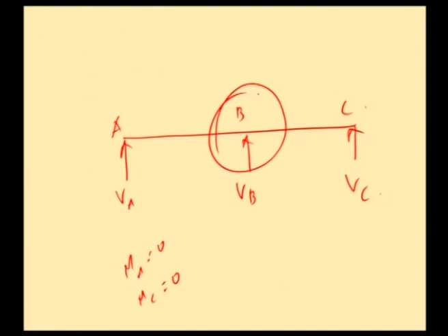So, M B is one unknown, in addition to V A, V B and V C.